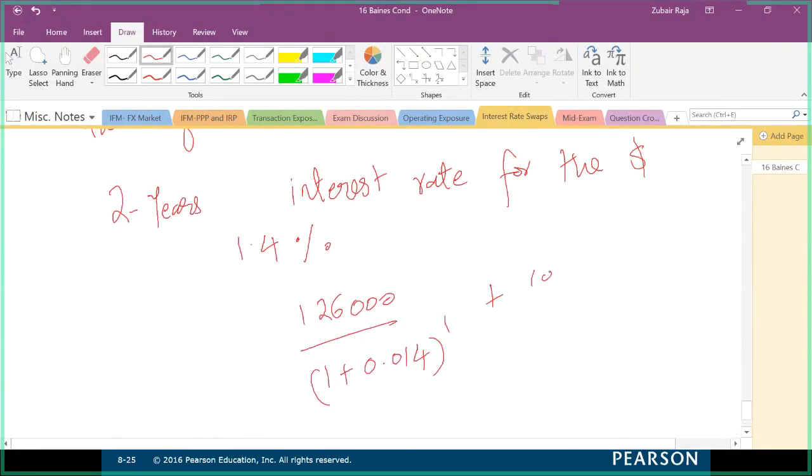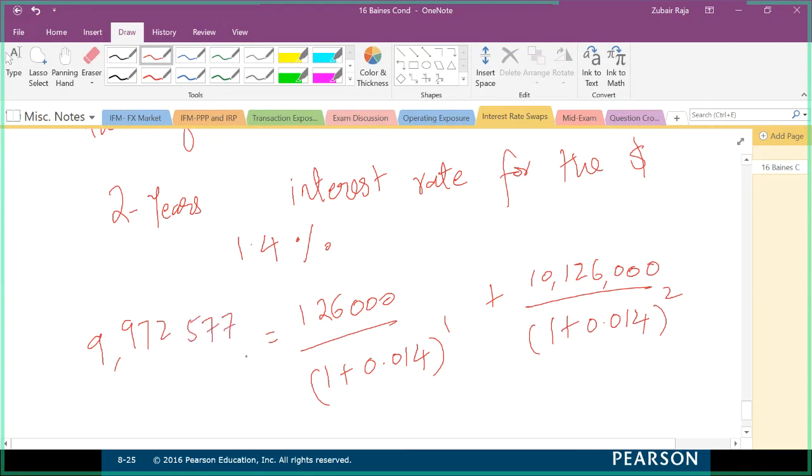So 10,126,000 whole divided by 1 plus 0.014 raised to the power 2, right? So if you do this calculation, in your book this value is given as 9,972,577, right? So these are the payments.